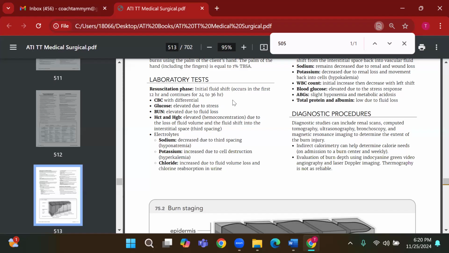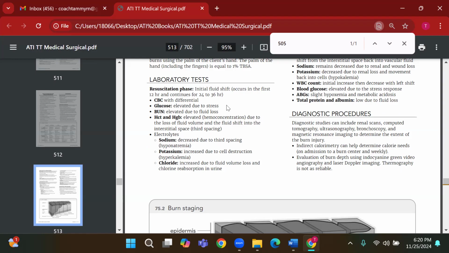Let's look at some labs we would run on this patient, okay? A CBC with a differential, glucose. Anytime there's a burn, the sugar will go up because the body's under stress. And then we will have our BUN elevated because they're dehydrated because they've lost a ton of fluid due to this burn.